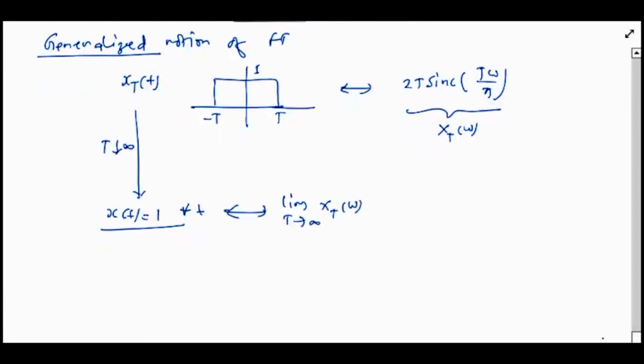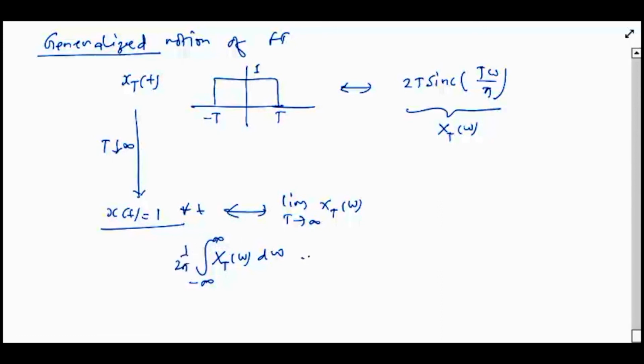Okay, now let's see what this right hand side is. This x capital T omega has a couple of interesting properties. First property says that if I integrate x_T(omega) d omega from minus infinity to infinity, I know from the initial value property that 1 over 2 pi times this is x(0), which is 1.